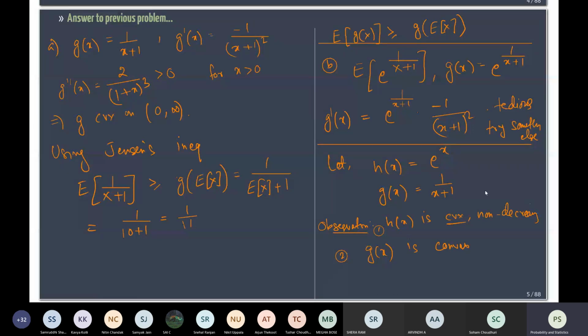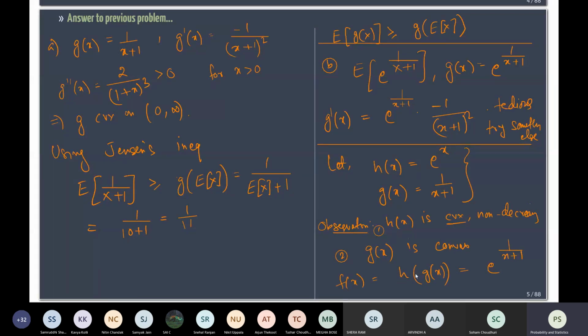Now the function that we are given is of the form f of x is h of g of x, right? Which is the actual function that was given to us. So now the question is, if h of x is convex and non-decreasing and g of x is convex, what can you say about functions like this?